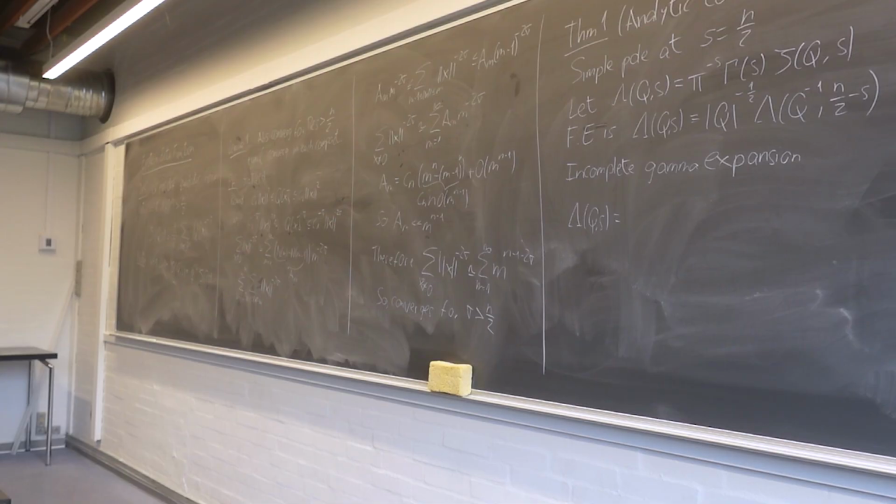This is the incomplete gamma function, the integral of t^(s-1) e^(-t) dt. And the lemma says this is entire in s for x fixed.